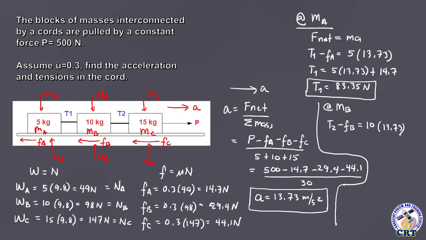By the way, we still need to include the effect of T1 with respect to the 10 kilogram mass. So the effect of T1 there is minus T1. Okay, for the substitution, tension 2 equals 10 times 13.73 plus FB plus T1.